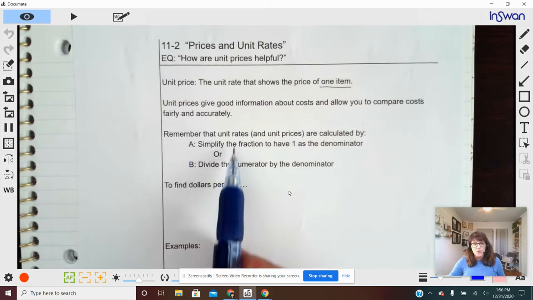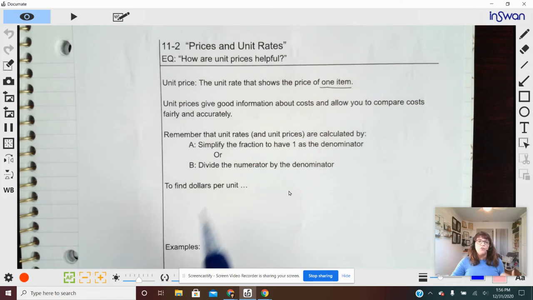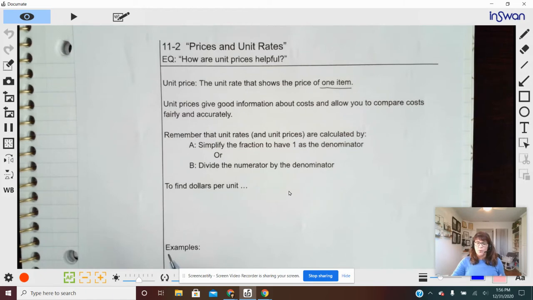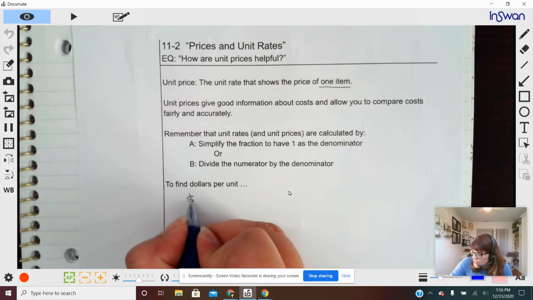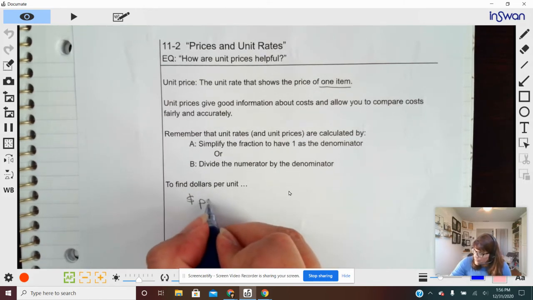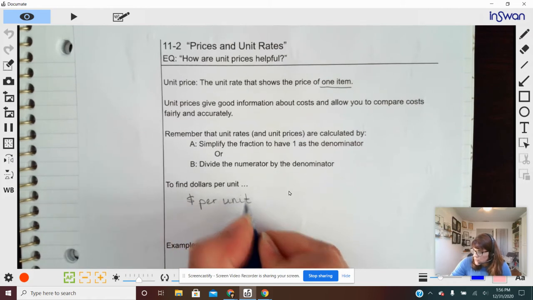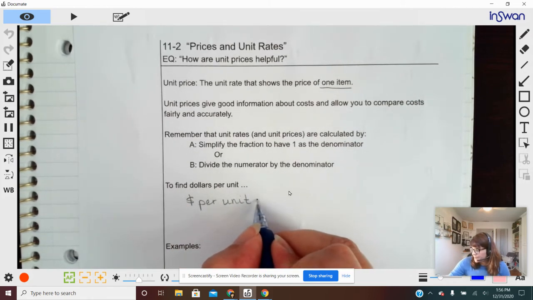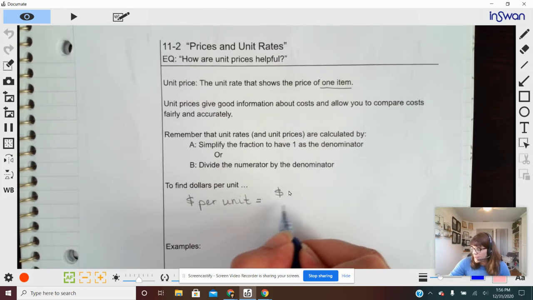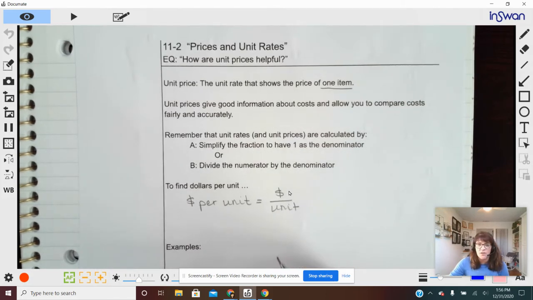Remember, there are two ways to solve this. Now, very specific to dollars per unit, whether it's price per pound or price per t-shirt, whatever thing we're measuring, what order do we put it in? If it's dollars per unit, you want to have it written this way: dollars is the numerator, per unit is the denominator, because what we want to do is get the units down to 1.